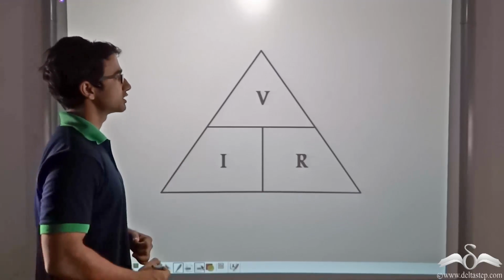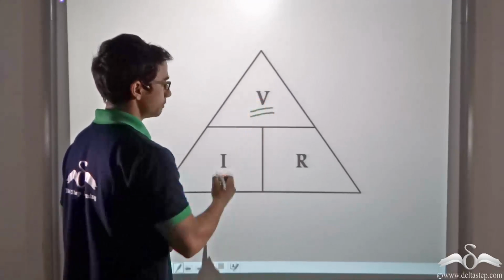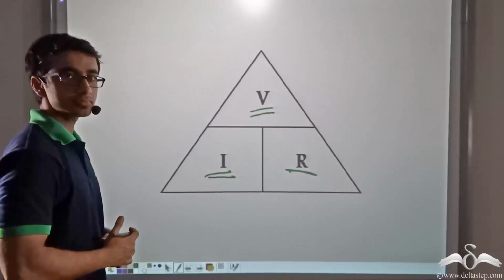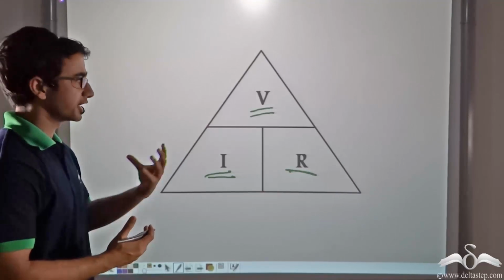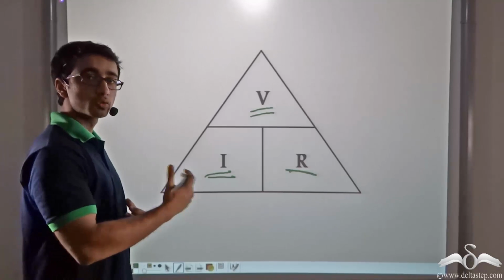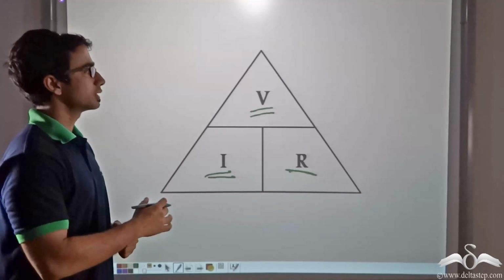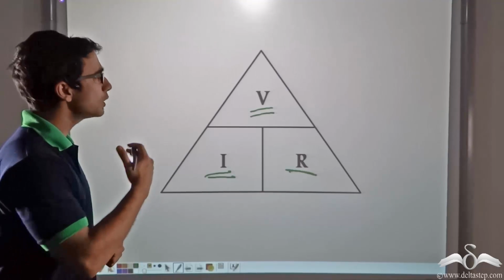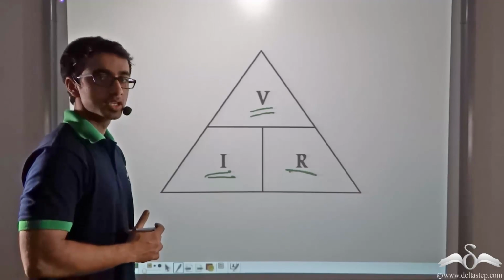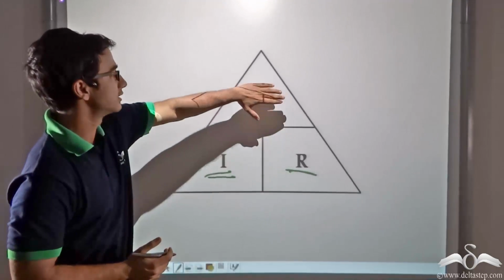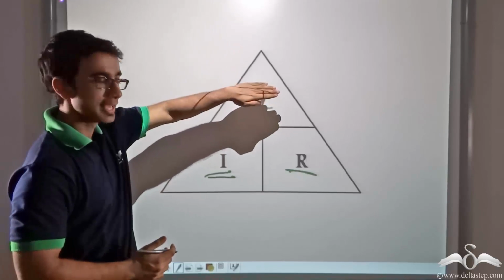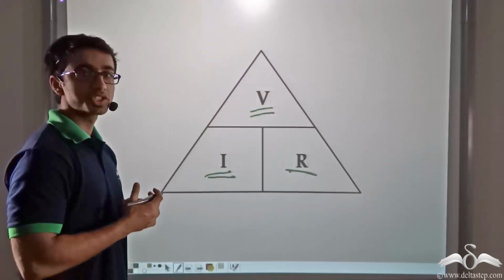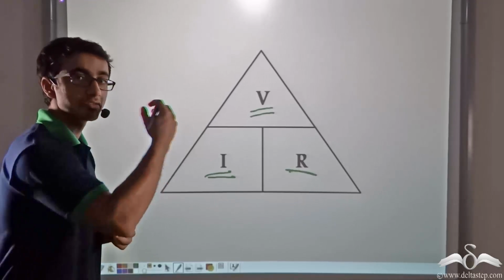If you notice closely, V has been kept at the top, and I and R have been kept at the bottom. Let us say that I and R have been given to you and you have to find the value of V. You simply cover that portion with your hand, and the resulting expression gives you the expression you need to find that covered value.